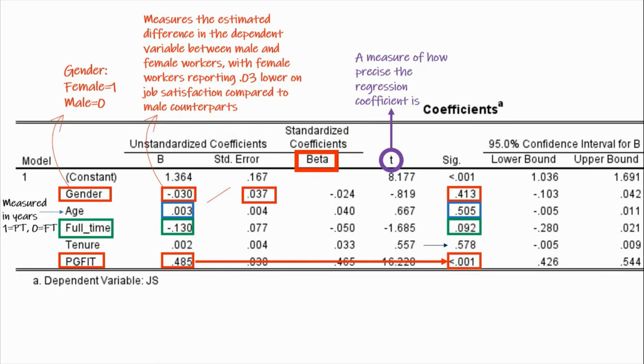So right now, PG fit has the biggest beta, the biggest standardized value, 0.465. So PG fit has the biggest impact. This is actually an easy comparison because all the other independent variables are not statistically significant, so it's a no-brainer. But if you think about it, now forget about the p-value for a second and just concentrate on the betas for a minute.